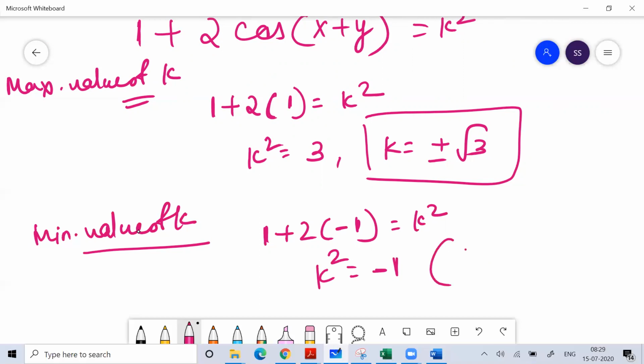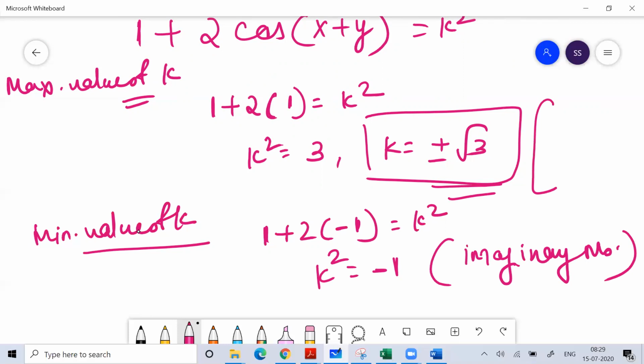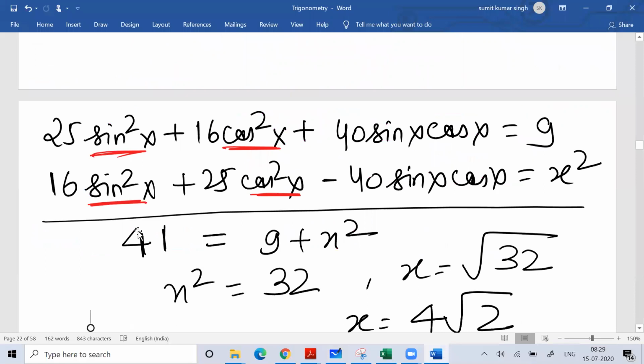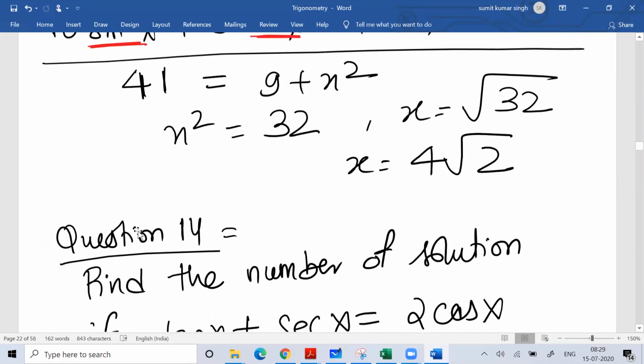So you'll get an imaginary number here. You can ignore it. So ultimately, you can write the range of k is equal to minus root 3 to plus root 3. That would be the range of k. Fine. So I hope you are understanding.